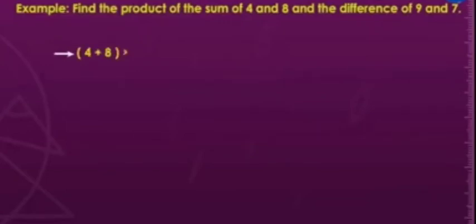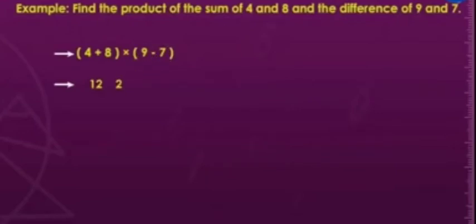Find the product of the sum of 4 and 8 and the difference of 9 and 7. The mathematical expression for the statement will be (4 + 8) within the brackets, then multiply, again within the bracket (9 - 7). Here the operation in the bracket is to be done first, children. Add 4 plus 8, that is 12.